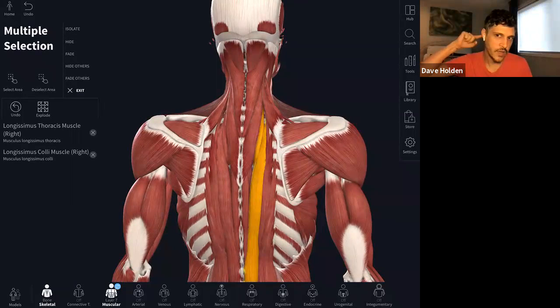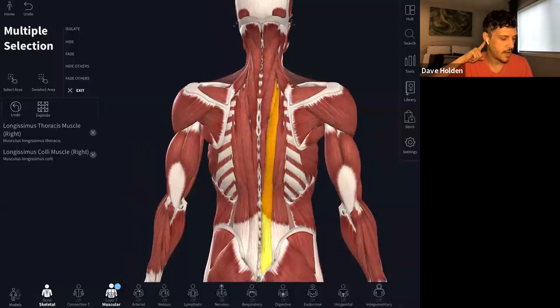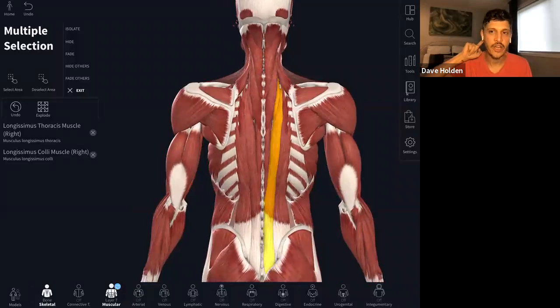Longissimus inserts on the mastoid process behind the ear. So it runs all the way up to the occipital bone. It crosses from the hip to the ear. That is a very long muscle, longissimus. So we have iliocostalis from the hips to the ribs.